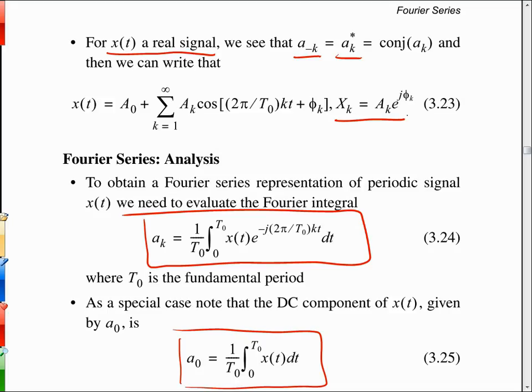We have x sub k's, which would come about from our original models, where we have an A k as the magnitude and a phi k as the phase, and then that would form our signal as a DC term, the A0, plus real sinusoids at all the harmonic frequencies. This T naught here is the period. 1 over T naught is F naught, which is the fundamental frequency.